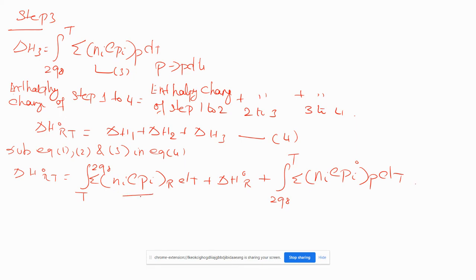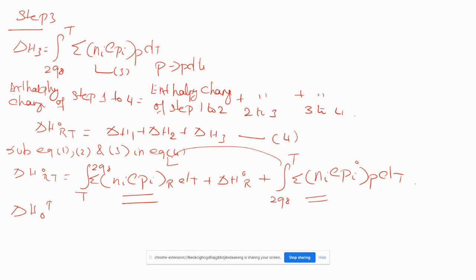Now these two we will combine with the limits 298 to T. T to 298 means this plus this, and when we take it as 298 to T, this will become minus.